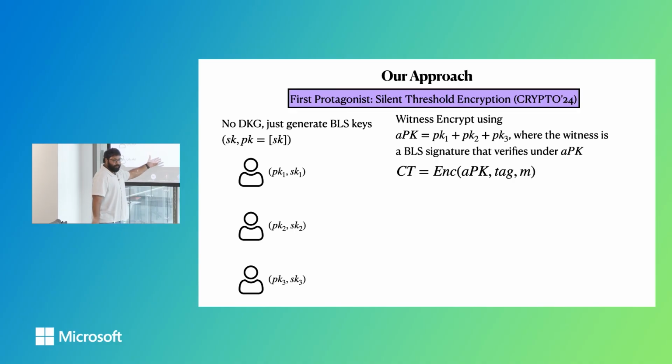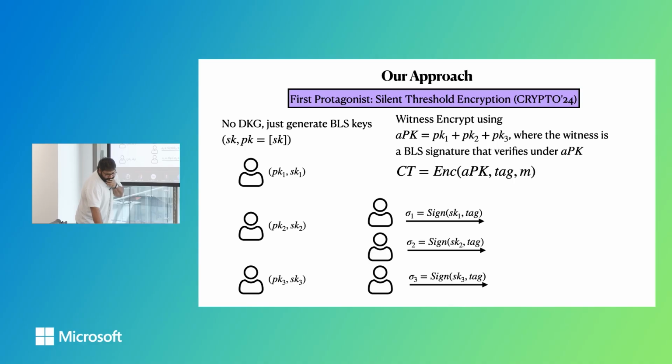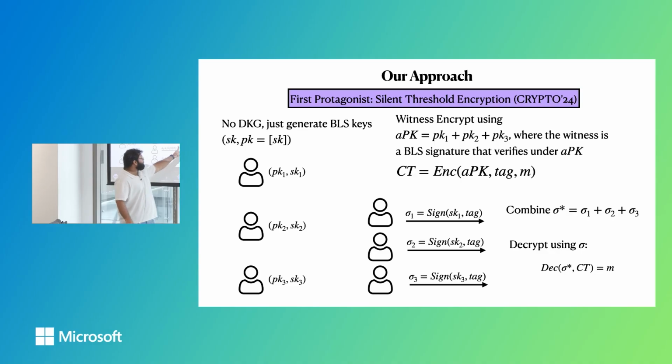It might be the iteration count or maybe even the global model in the federated learning space that we'll see later. To decrypt, the clients just provide a BLS signature with respect to the same tag, and you can combine these signatures and decrypt using the aggregated signature. Okay, so I'll show you the construction also on the next slide, but this is the main idea.